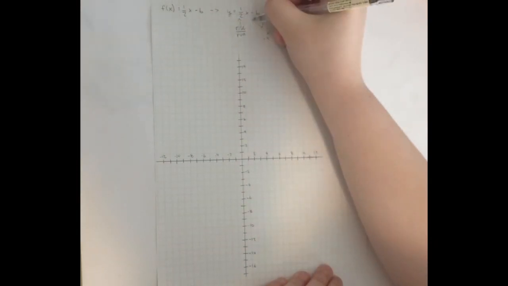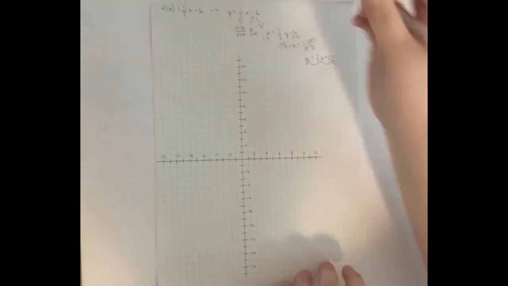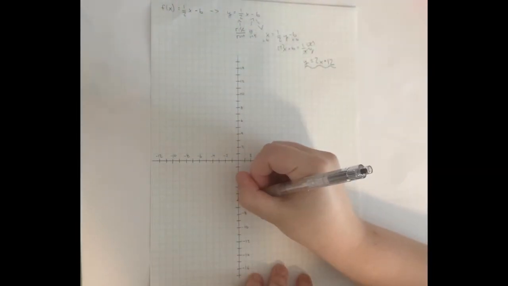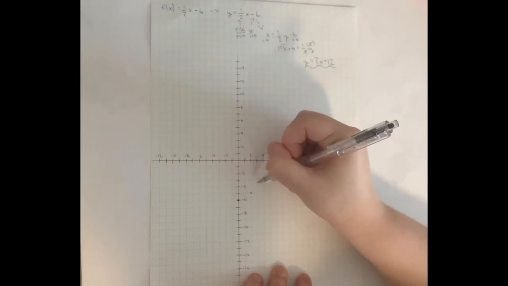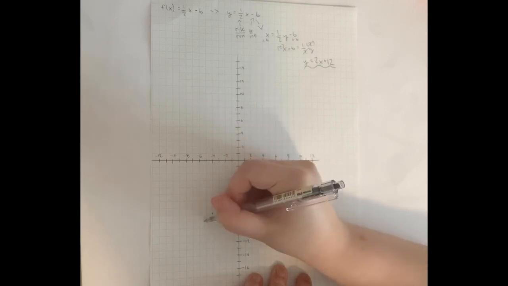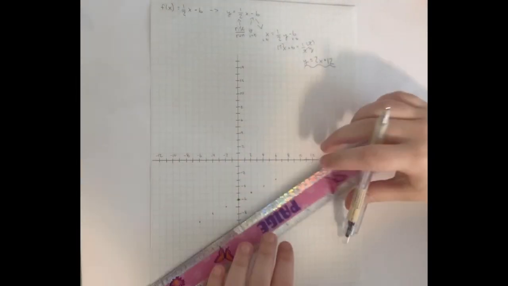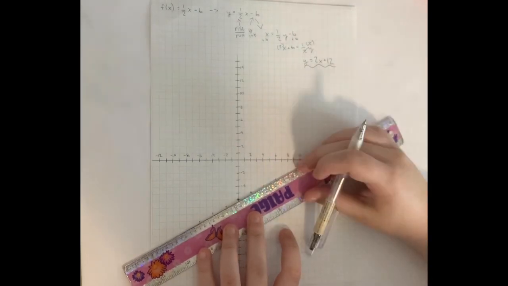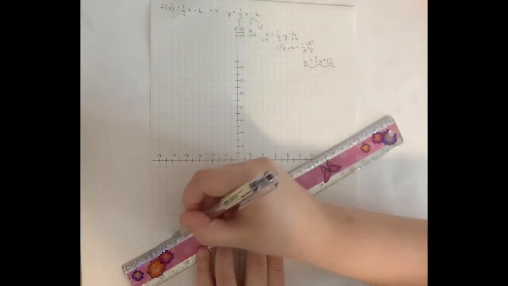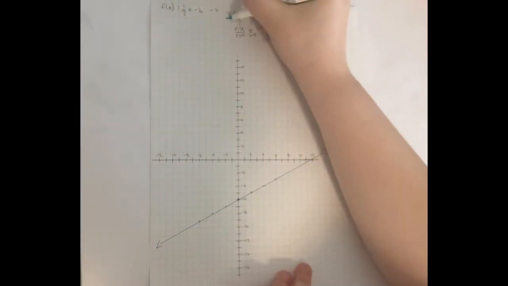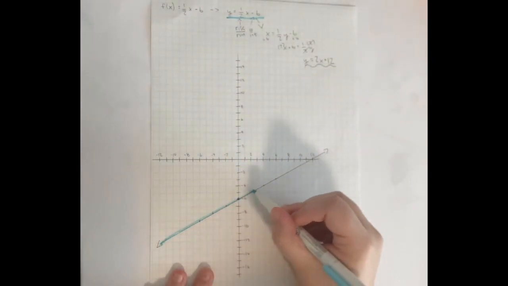Now I'm going to graph the original function, not the inverse, the original one, and I'm using the rise over run method, so I'm finding the y-intercept and then doing the rise over run. Now I'm just drawing the line on the graph to show my original function. And now I'm going to graph the inverse function.